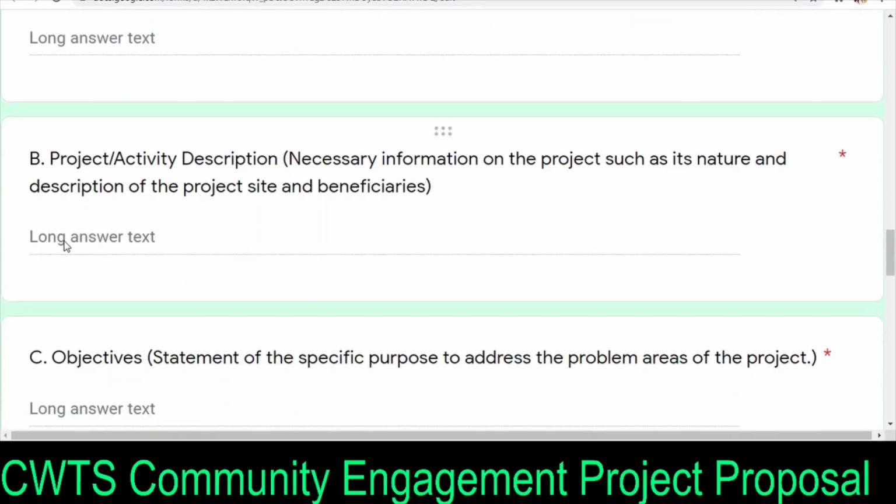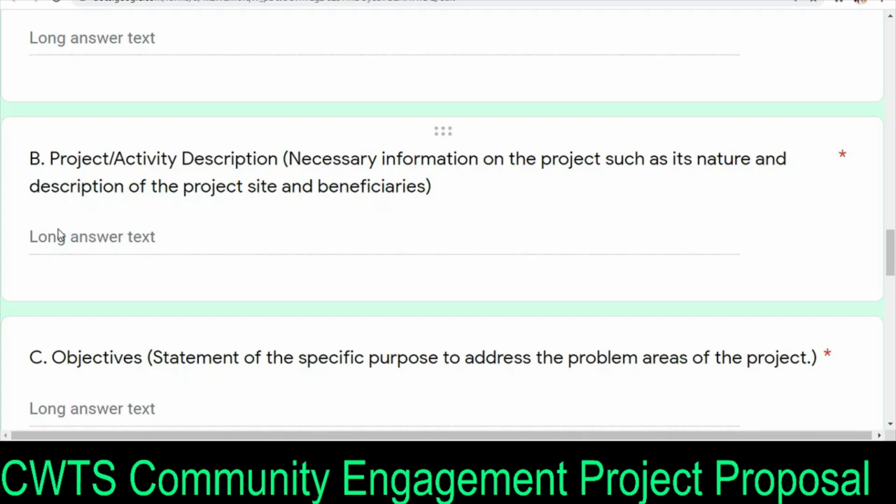Part B under project proposal is activity description. This includes necessary information on the project such as the nature and description of the site and beneficiaries. If it is for reading, how do you describe those participants?